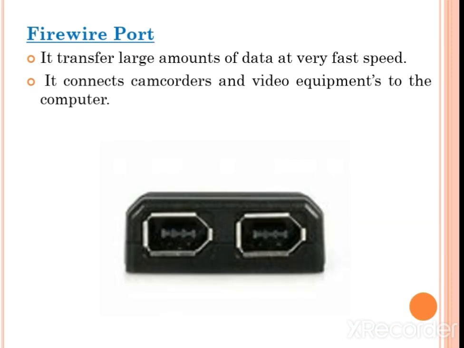Next one is a firewire port. It transfers large amounts of data at a very fast speed, and it connects camcorders and video equipment to the computer. Here the data travels at 400 to 800 megabits per second, and it was invented by Apple.